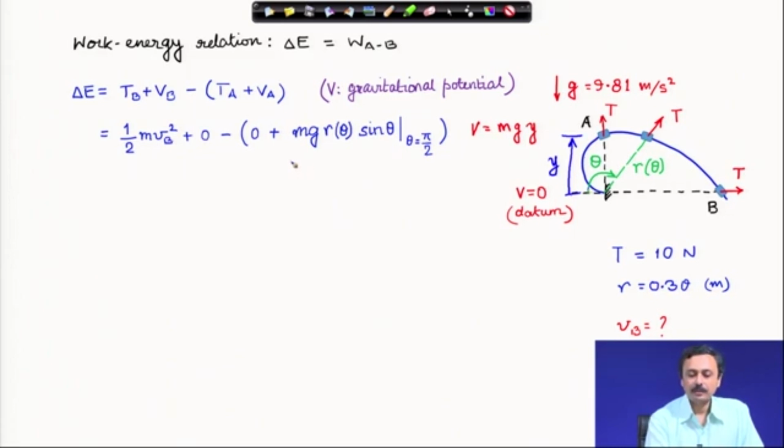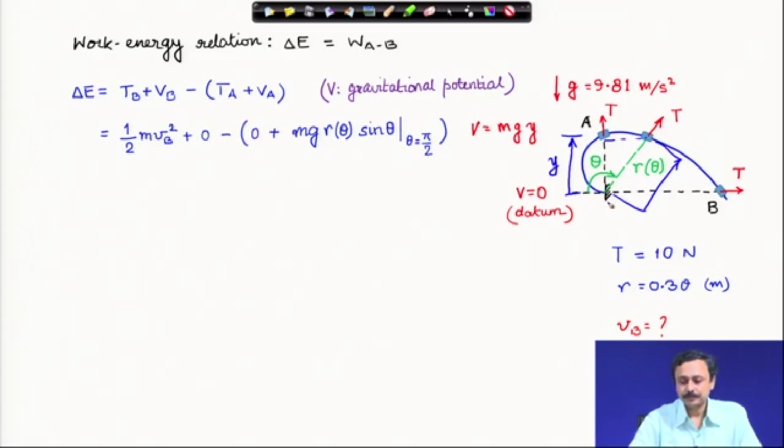Now, how do I find that? In m g y, y must be equal to this radial line r times sin theta. This r times sin theta is nothing but the projection on the vertical axis. r sin theta is the projection of the radial distance r on the vertical line, because theta is being measured from this horizontal line.